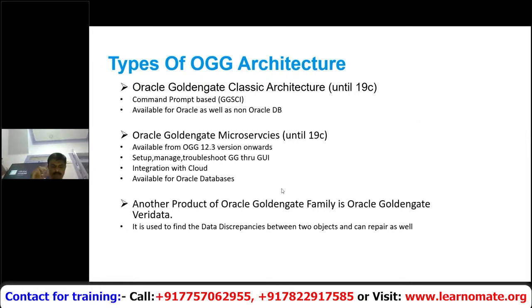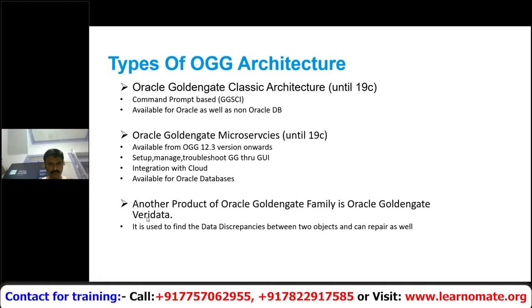As the name suggests, it verifies the data for you. GoldenGate is a replication tool. Say, for example, on source you have 10,000 records in a table. On target you have 9,000 records. So there is a discrepancy of 1,000 records, right? What Veridata can do for you is identify the discrepant records and repair those discrepancies for you.